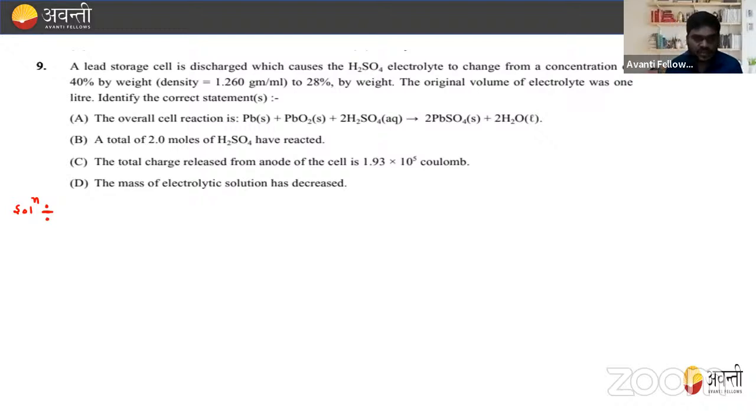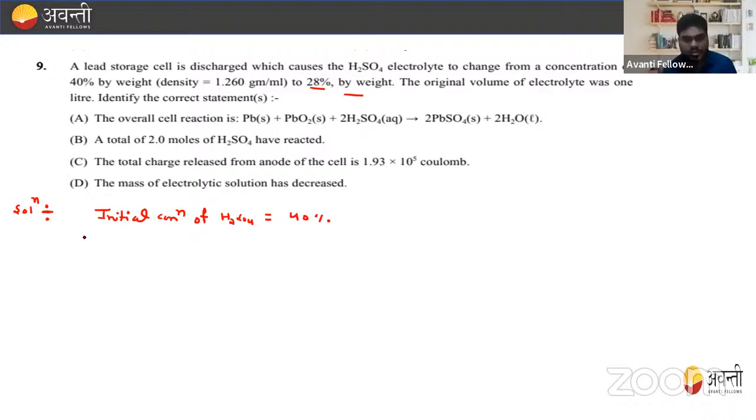So let's see. This question is from electrochemistry, lead storage secondary cell, right? A lead storage cell is discharged, which causes the H2SO4 electrolyte to change from a concentration of 40% by weight to 28% by weight. So their concentration is changed, right? So the initial concentration of H2SO4 is 40%.